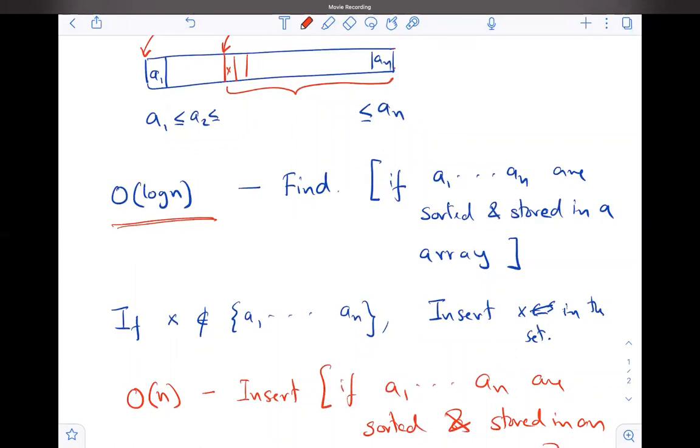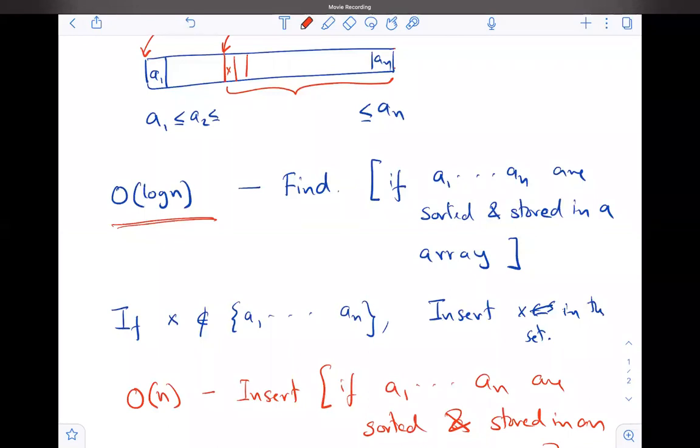Whenever you store in some particular data structure, the data structure has its inherent structure. And whenever we say that we want to insert something in that or remove something from that, the main idea is that I want to do it while maintaining the property of the data structure.